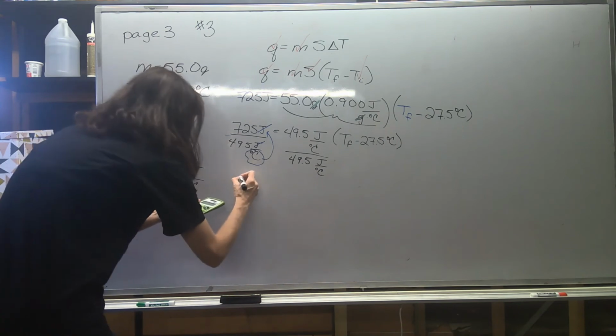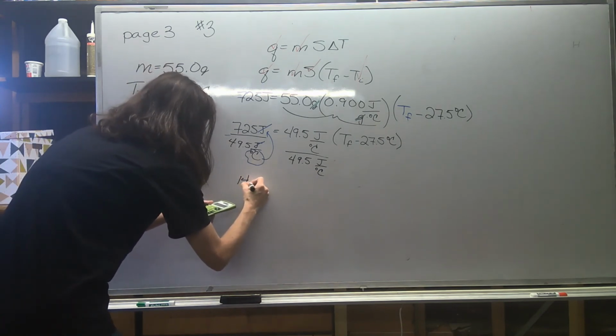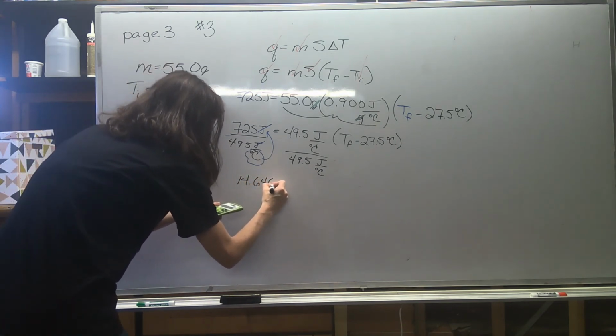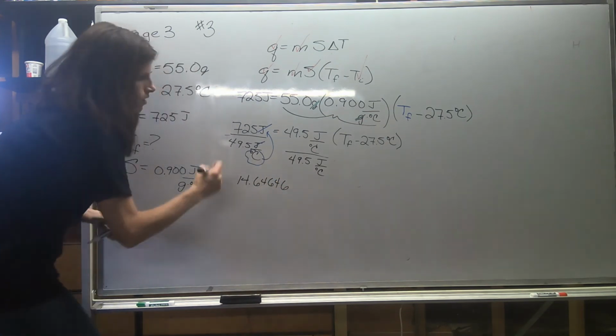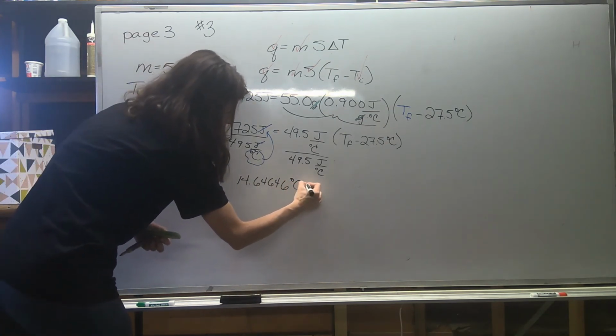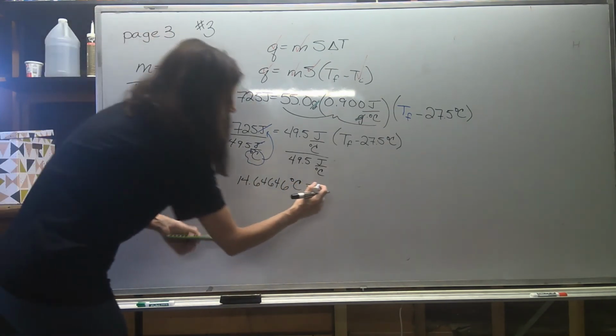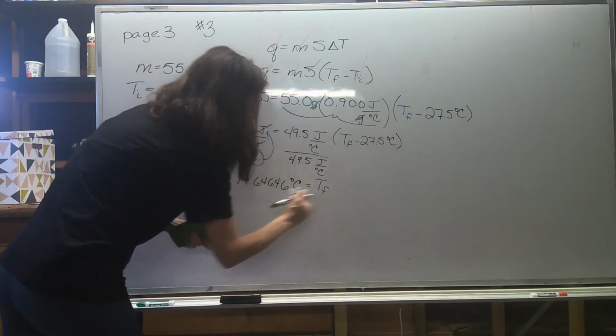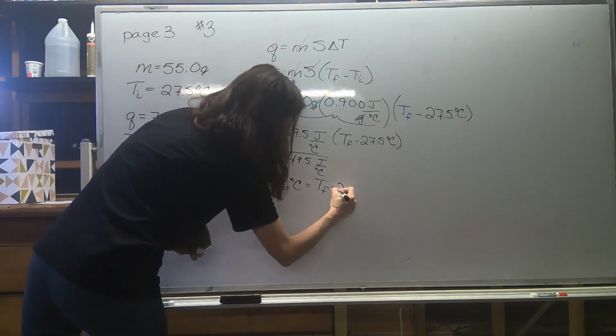I get 14.64646 degrees Celsius equals T final minus 27.5.